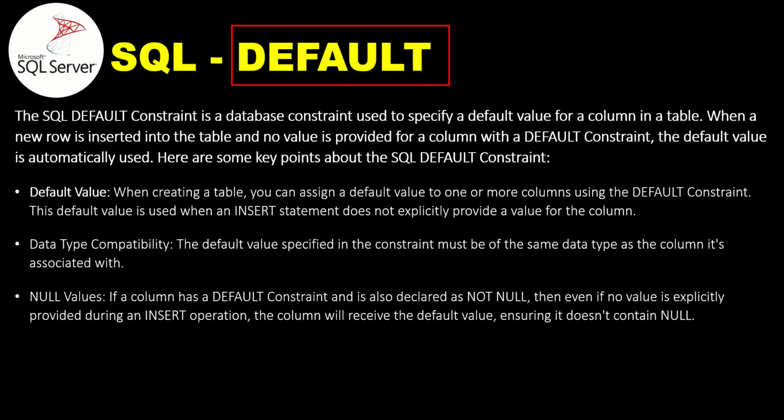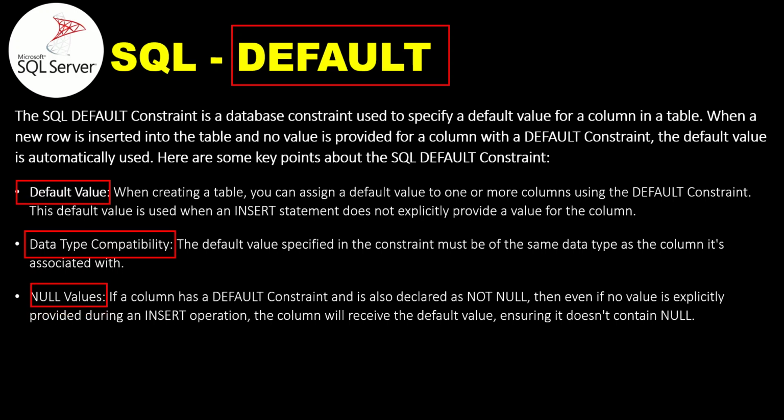And let's say you're working with student data where you have to provide the class session, and the class session by default is B, so you can provide just B in the column, and it will work. Some other key features I have already mentioned here: first is default value, data type compatibility, and null value.